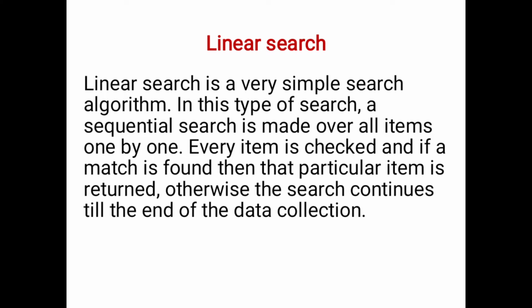After comparing the first number, if it matches, then you can find the location of that number. Otherwise, the searching process continues until the end of the data collection. So this is the technique of linear search. Linear search means searching for the element one by one.